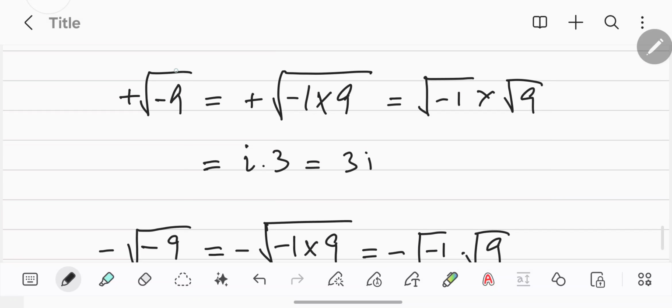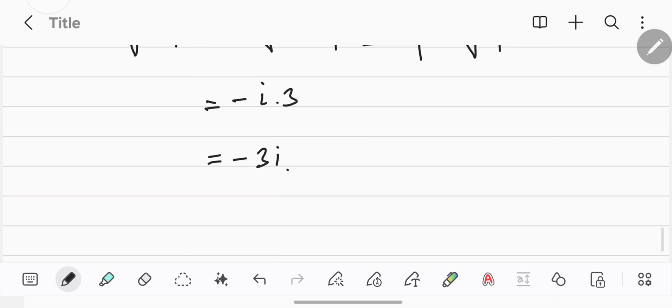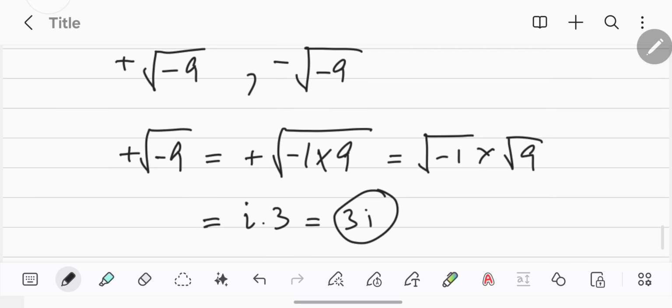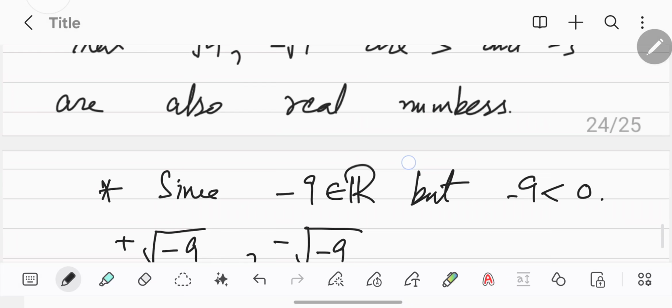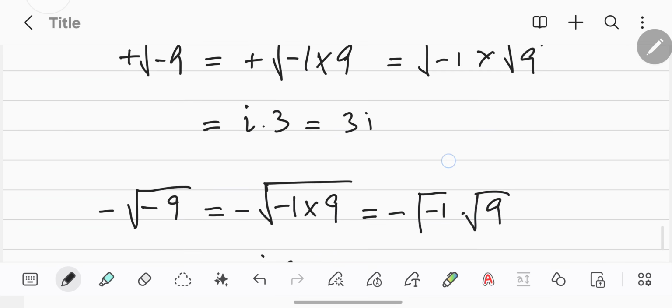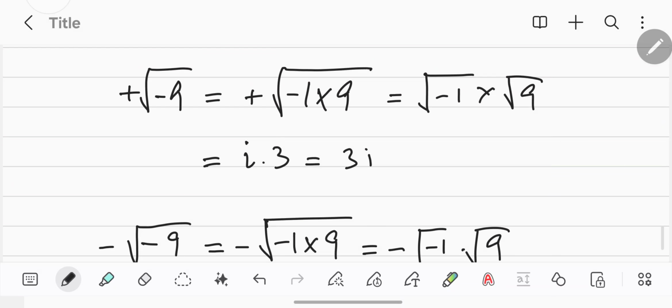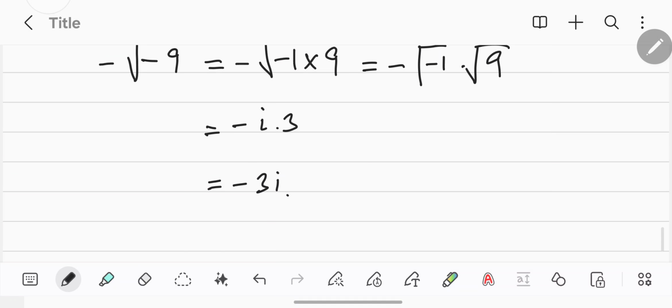When I took the square root of negative 9, I got something in iota, and iota is not a real number. So we have proved that when we take a positive real number and take its square root, we land in the real numbers again. But if we take a negative real number and take its square root, we will have two different values, but we will not lie in the real numbers. We will lie in the complex numbers, just like this and just like this.